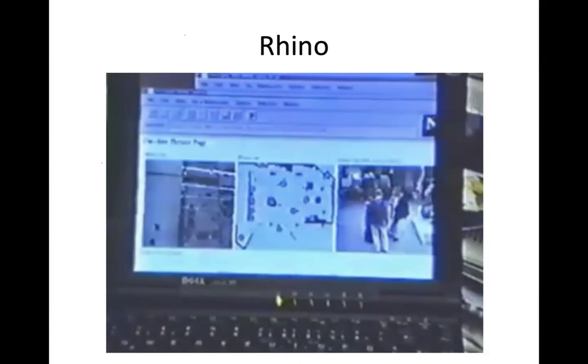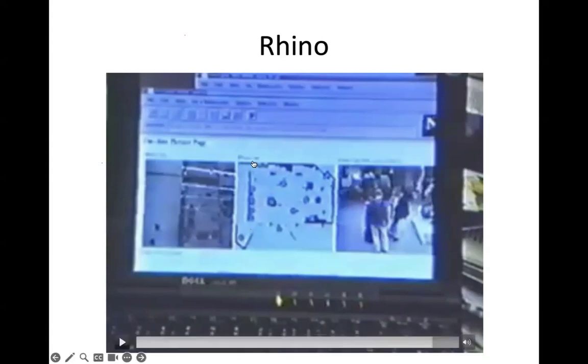Can you explain some of the challenges that this might have? Yes, anyone?